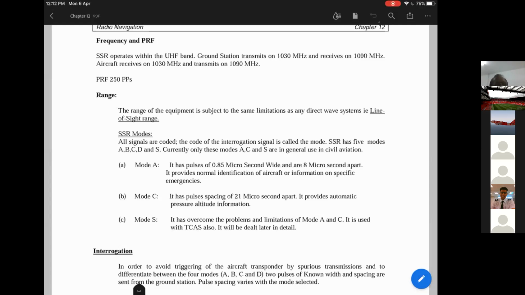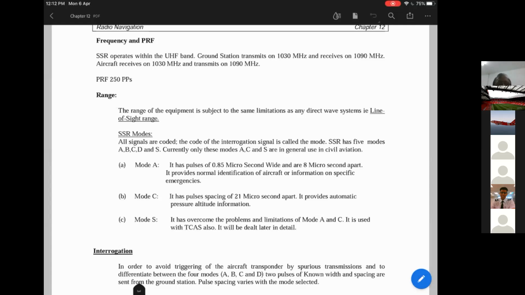The basic aim is you have to identify the aircraft. Who are you? Which aircraft is flying now? If you have punched mode A, your information is automatically displayed on the controller screen in the form of identification. Who you are, where you are from.